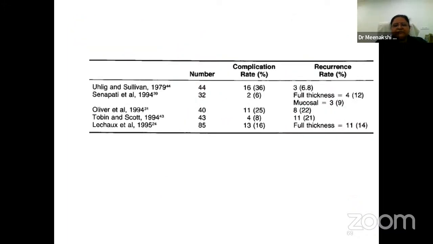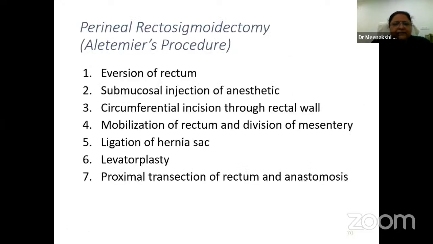Okay, so in one of the series the complication rate is almost 16%, and the recurrence rate is 11 out of 14, almost 11 cases, which means it is very high. Then another is Altemeier's procedure, also known as perineal rectosigmoidectomy.